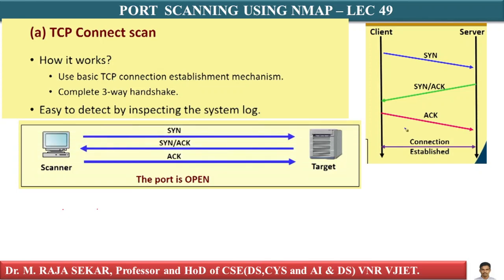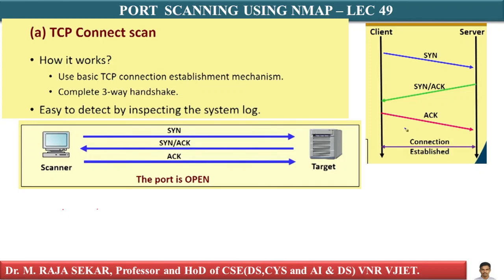Now, TCP Connect Scan means that you are utilizing the basic TCP connection establishment mechanism using this three-way handshake. The client is the scanner here, and you have the target, and you are doing the three-way handshake. If the three-way handshake is successful, you conclude that the corresponding port is open, because you are connecting over TCP to a particular port number.